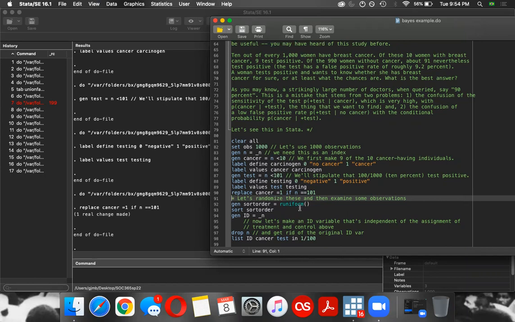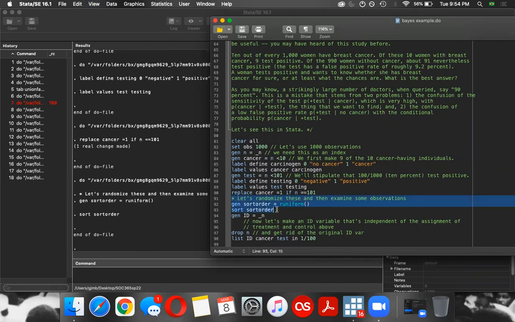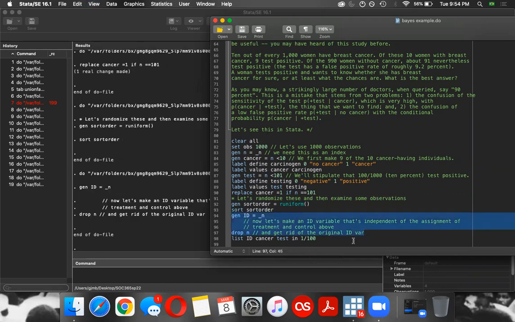Basically, Stata will pick numbers at random, simulating randomly dropping a stone or something on the number line. We'll make the results of that the sort order variable, and we'll sort by this random number. Now let's make an ID variable that's independent of the assignment of treatment and control. Remember, the old one was not. And we'll get rid of the original ID variable.